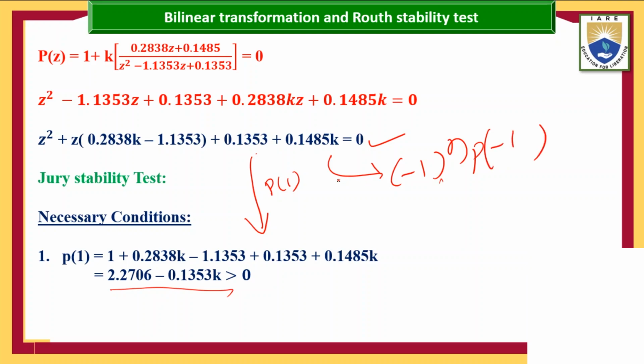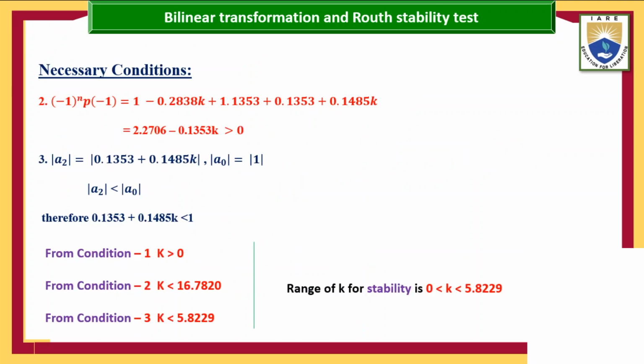This is the second necessary condition. If you substitute, we get the value as 1 minus this value, which must be greater than 0.